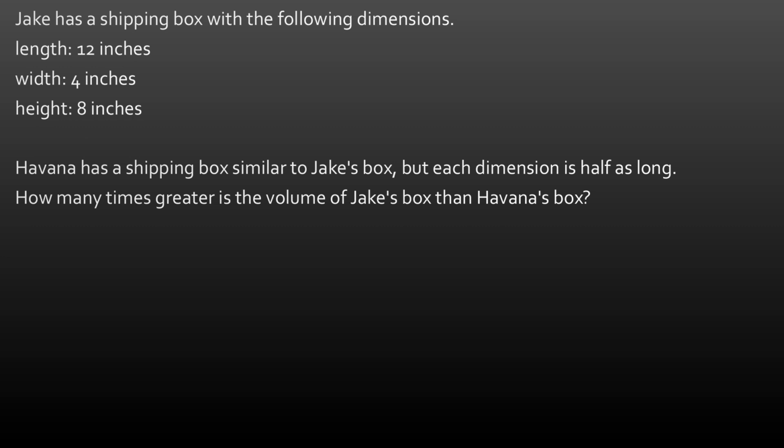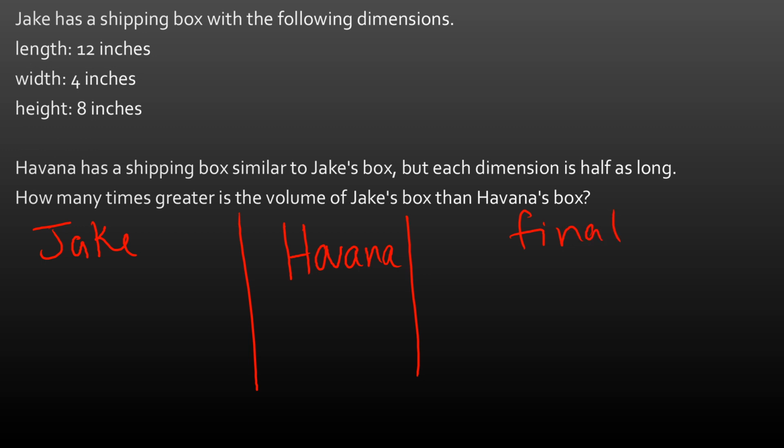And I'm going to do Jake over here, Havana over here, and then our final. I'm going to move this bar over here. There we go. This time Havana's dimensions are half, so instead of multiplying by 2, we're going to be dividing. So I would have 6 inches, 2 inches, and 4 inches.